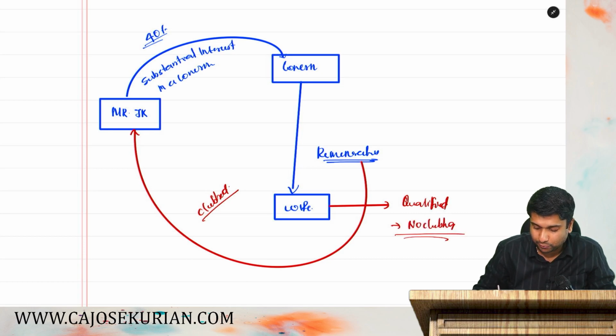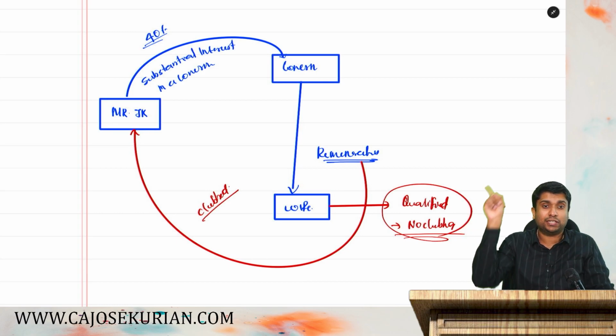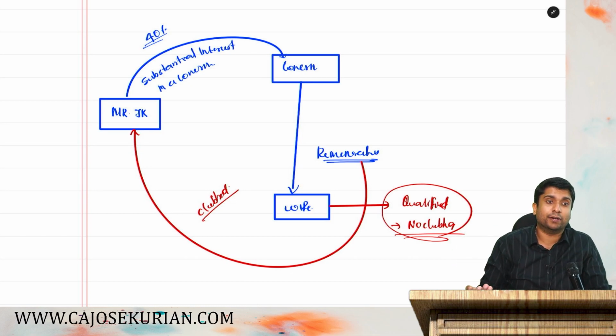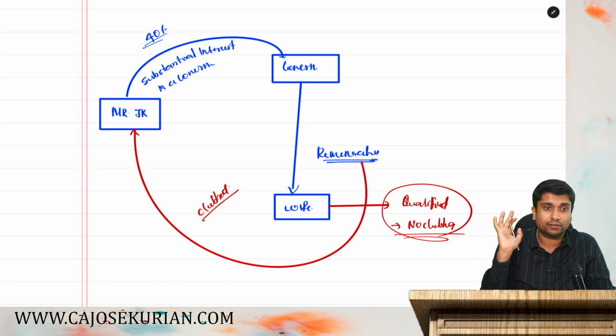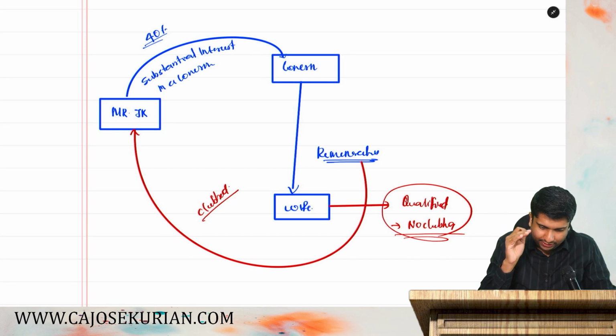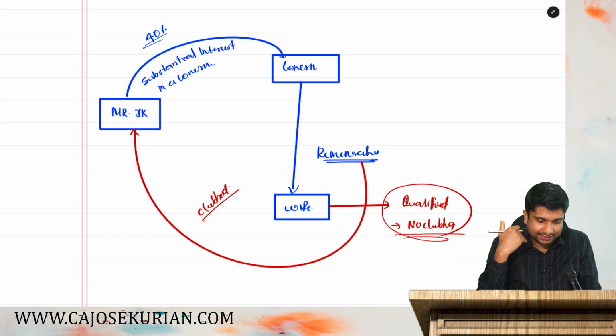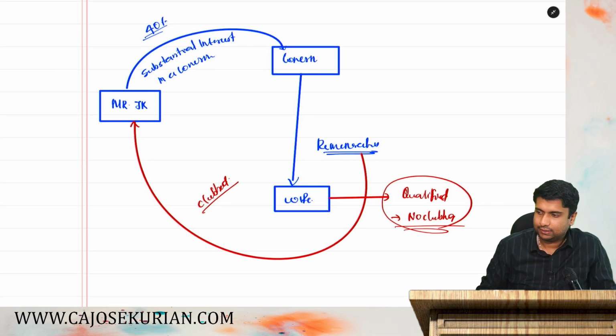My wife should be qualified as well as doing something for that particular concern. If my wife is qualified but is doing nothing for that concern and she receives remuneration, then definitely it will be clubbed. What the department says is my wife should be qualified plus she should do some services for that particular concern. In such scenarios, clubbing is not required. Are you all with me?